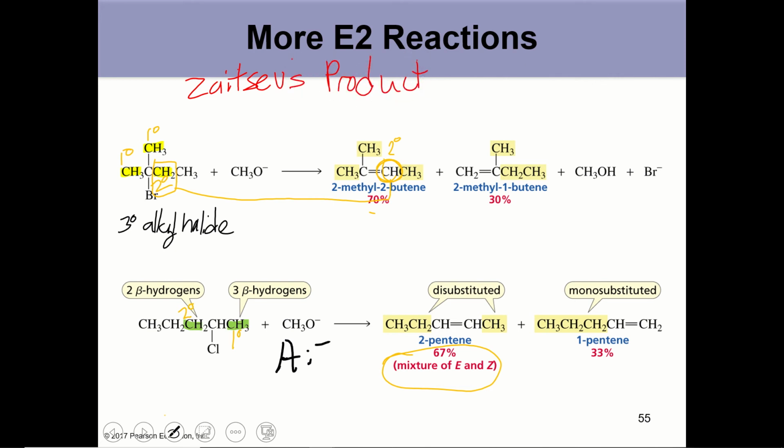So Zaitsev's product is the more substituted alkene product. So whichever gives the more substituted pi bond is going to be the major product, whether the more substituted pi bond is tetra, tri, or di, or mono substituted alkene. That's Zaitsev's rule, that we would get the more substituted alkene product.